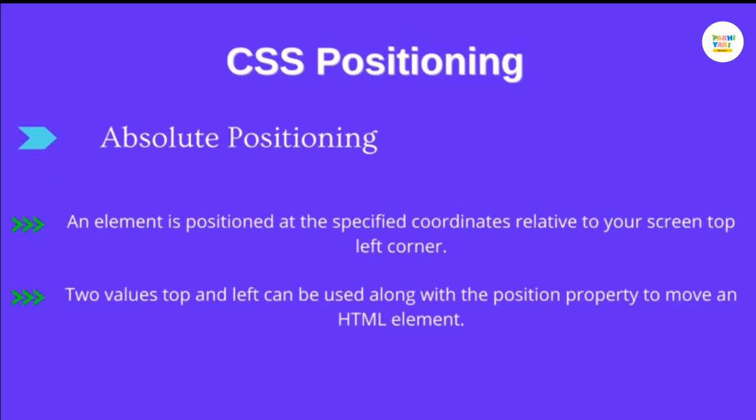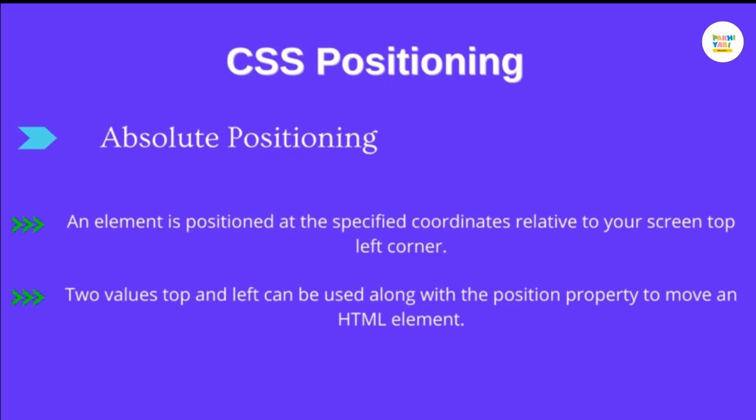So let's talk about absolute positioning. Absolute positioning is basically something, as the name says, absolute. Here you will have to pass two values, the x-axis and y-axis value. The x-axis means the horizontal one, which will be taken from the left-hand side, and from the top, that is vertical, the y-axis.